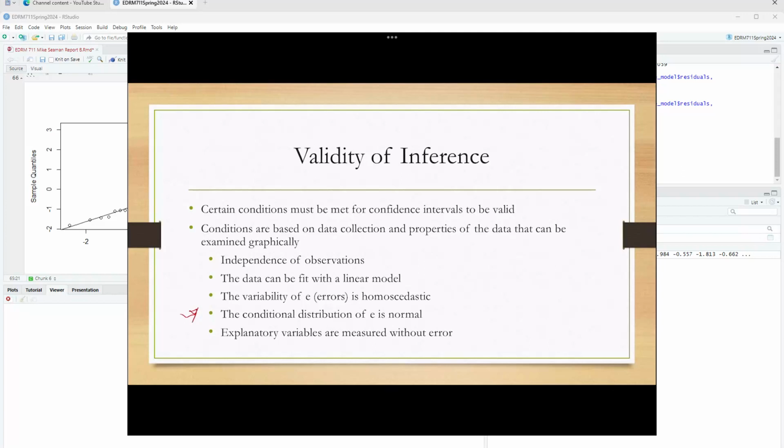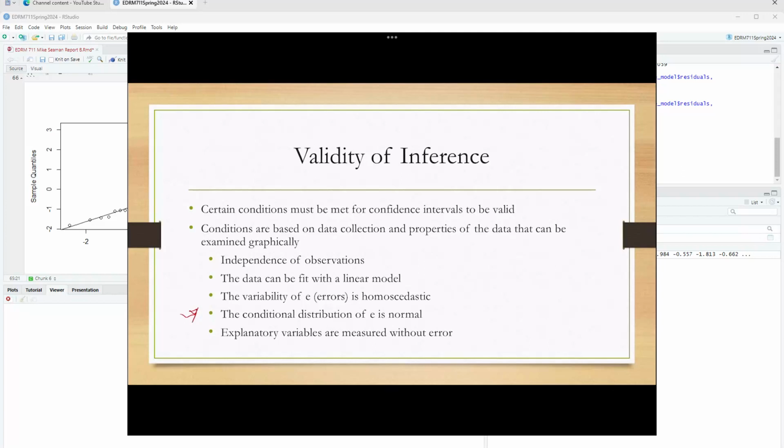What does that say about your regression equation? The answer is that your coefficients do not actually rely on these conditions. Your coefficients are maximum likelihood estimates that don't rely on these conditions in order to be accurately estimated.